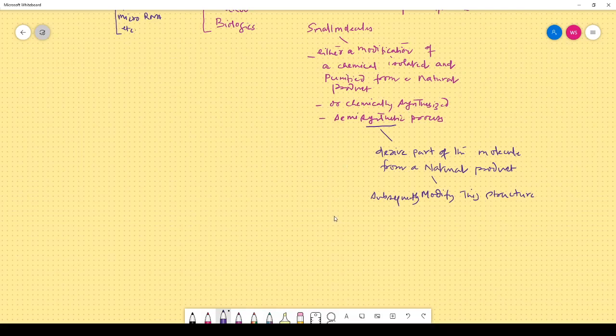Okay. Or it might be a molecule that is an analog of a currently existing drug. So if we modify the structure of the currently existing drug and give it maybe some better pharmacokinetic or pharmacodynamic property, then that could also be a source of small molecules.